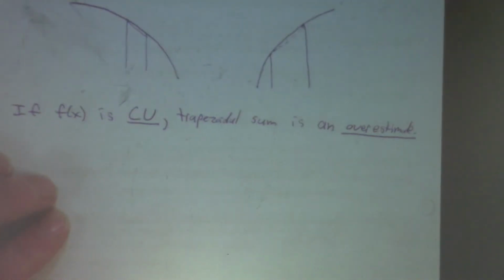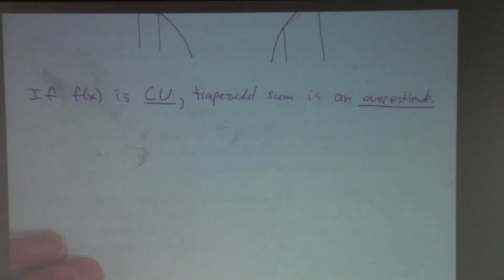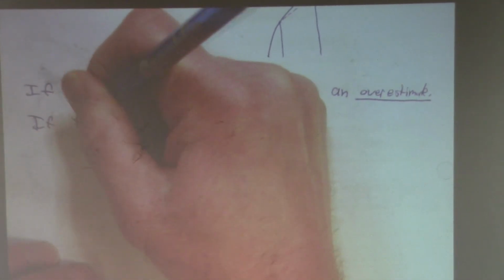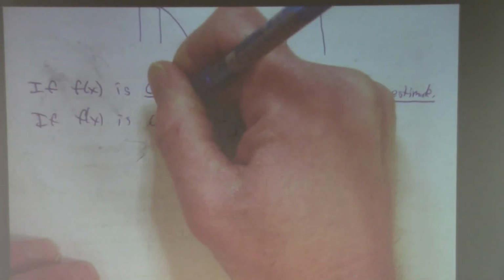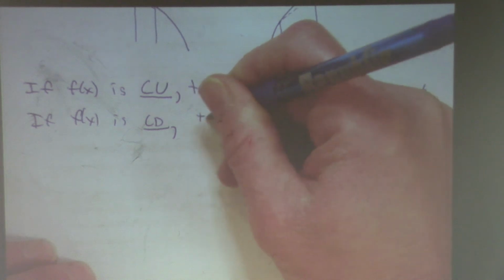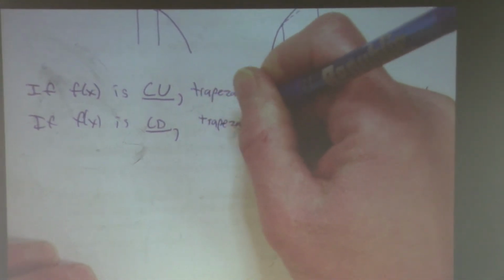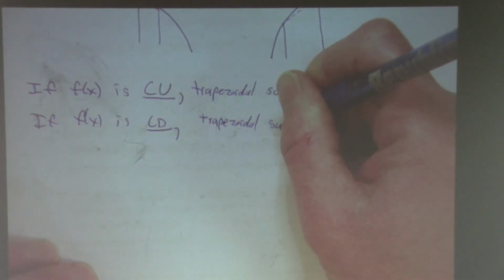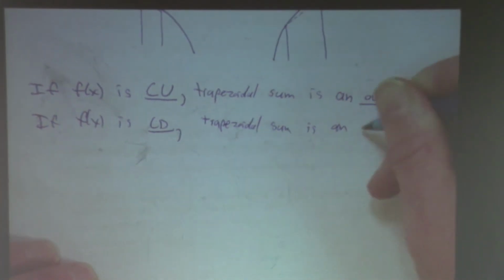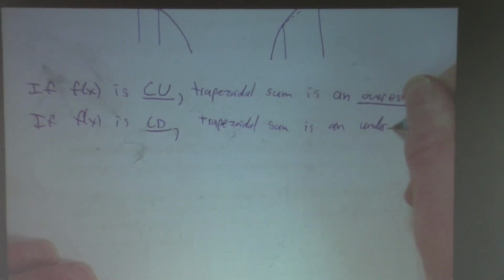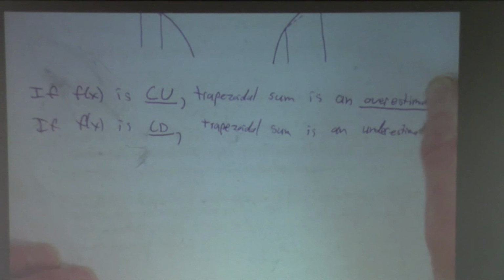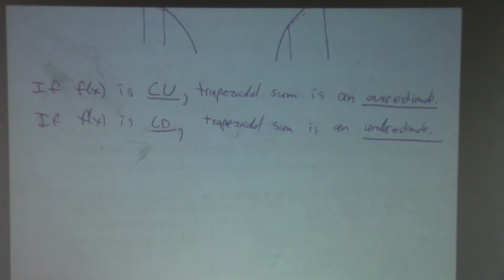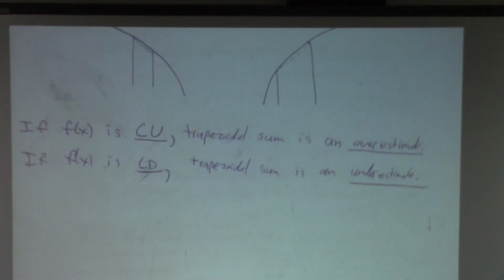Concave up, overestimate. And finally, if f of x is concave down, then the trapezoidal sum is an underestimate. And that is the conclusion of this lesson.